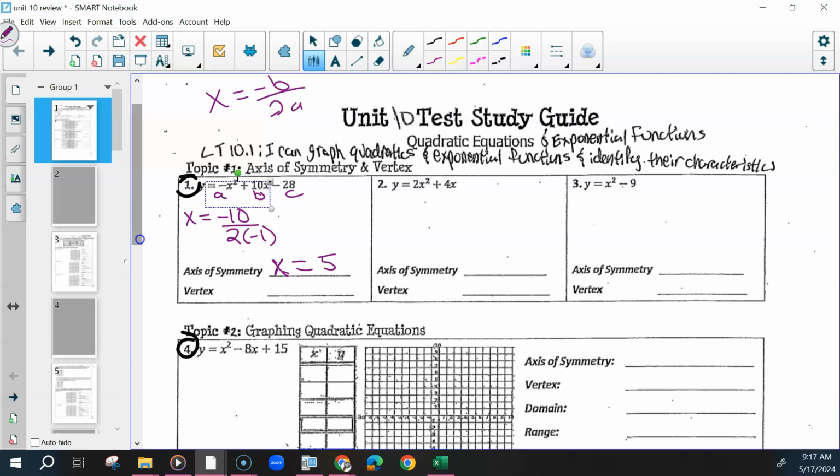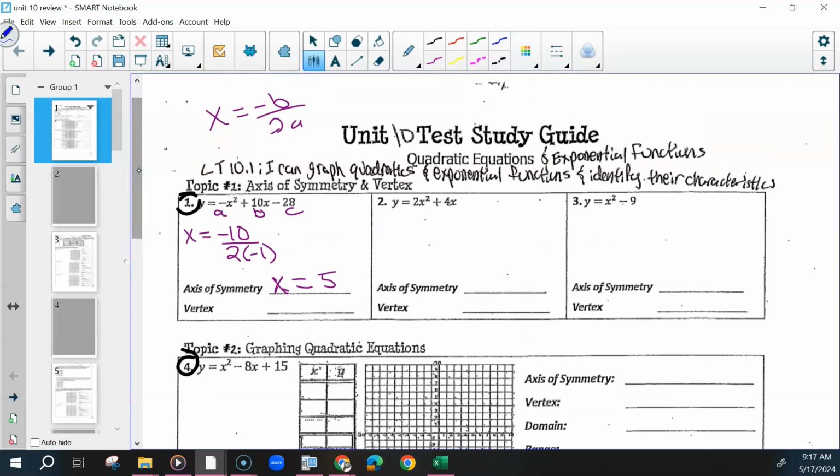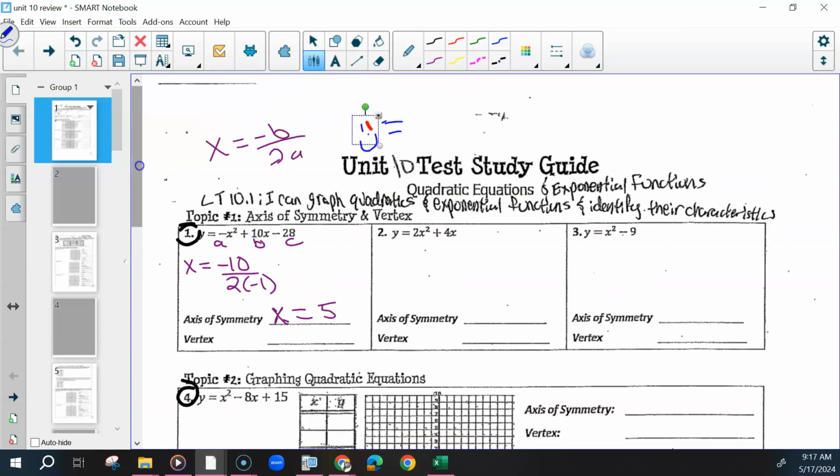Then to find your vertex, I'm going to show this algebraically and then show you again how you could find it in the calculator. Algebraically, we would put this in for all of the x's. I'll do that right here. So this would be y equals negative, in parentheses, 5 squared plus 10 times 5 minus 28.